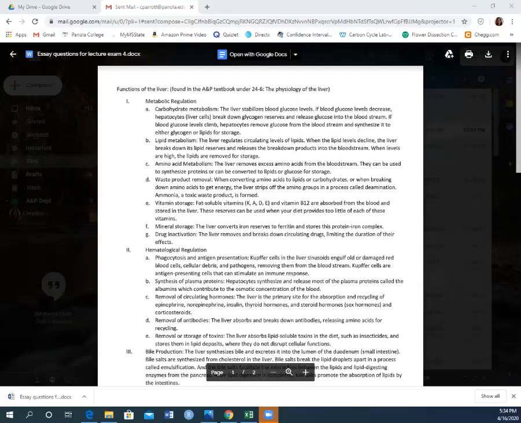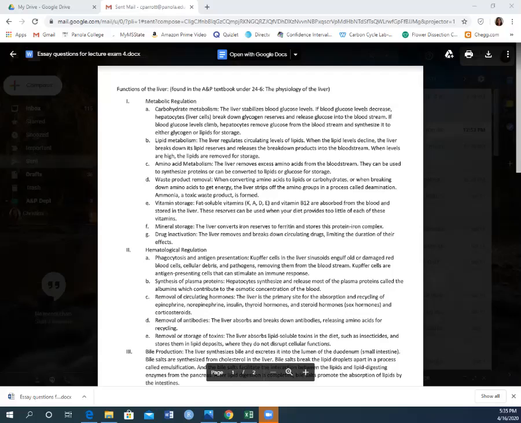If the glucose levels decrease, then your liver cells called hepatocytes are going to break down glycogen, the stored sugars, and release glucose into the bloodstream until it gets back up to your homeostasis levels.